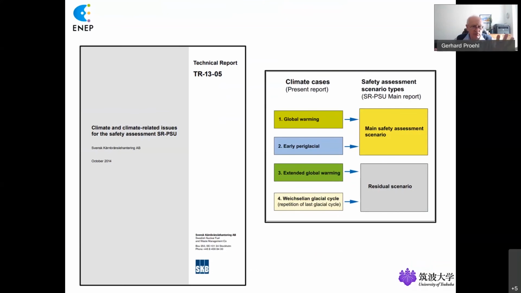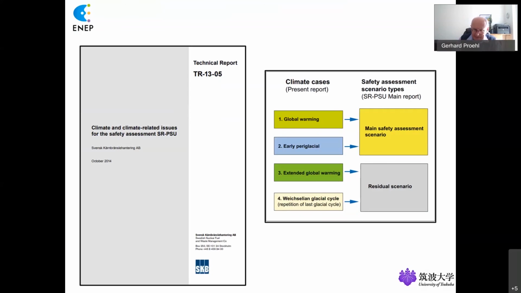Okay, here's a report where all this is described in detail. What they have done, if you look at the left side, there's a green box which says main safety assessment scenarios. These are the scenarios which are considered as most important.